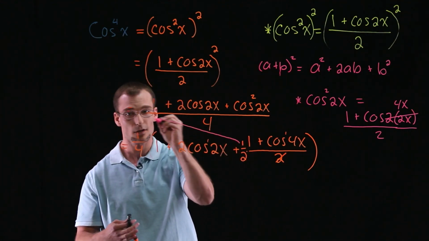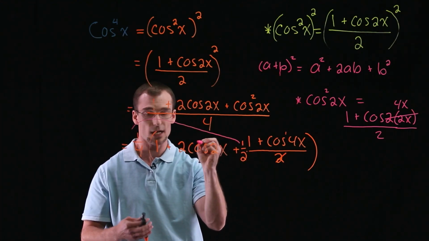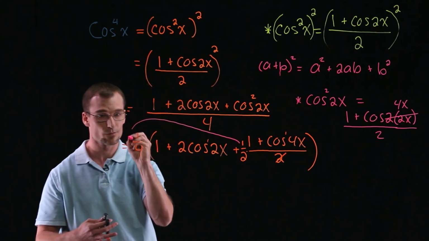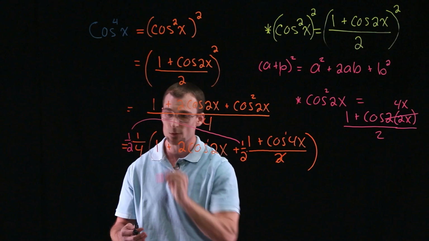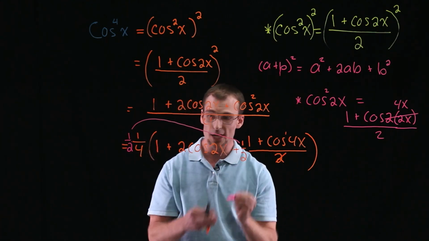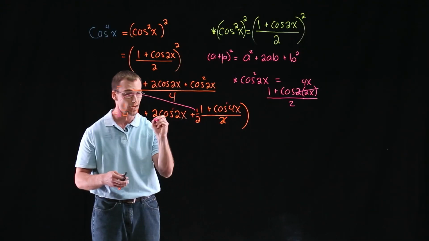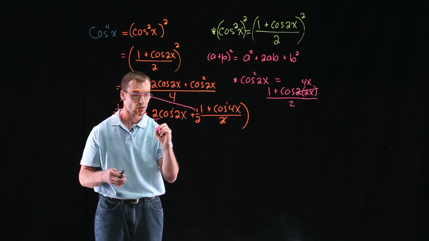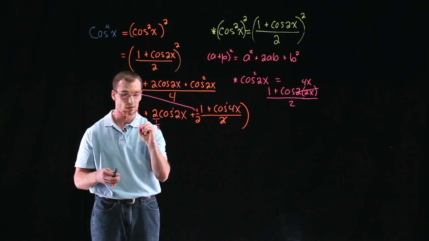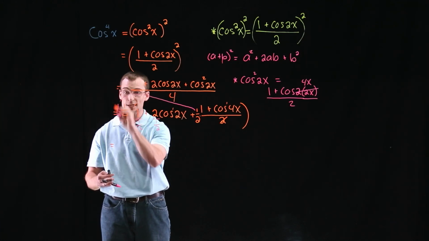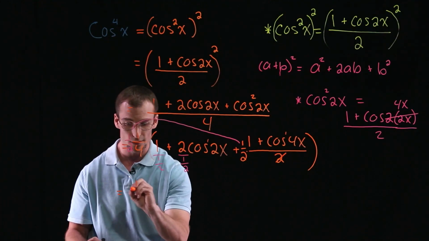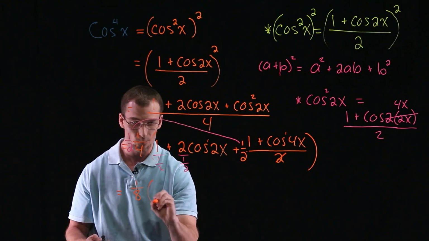So we factor our 1/2 to the outside, giving us 1/2 times 1/4 out here. So we bring out the 1/2. Now what happens to these? We're going to divide through our 2 by 1/2 and our 1 by 1/2. And what does that give us? Well, on the outside, 1/2 times 1/4 is 1/8.